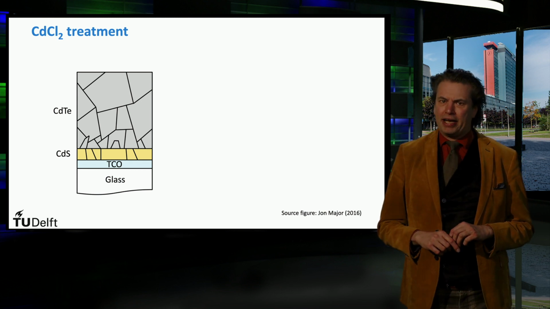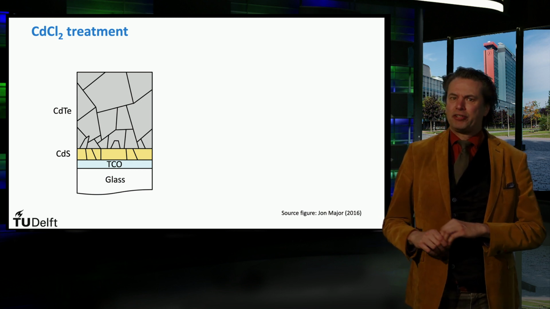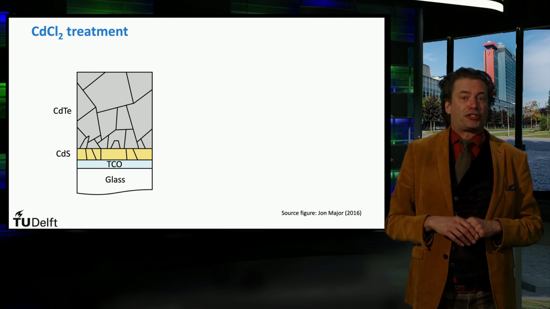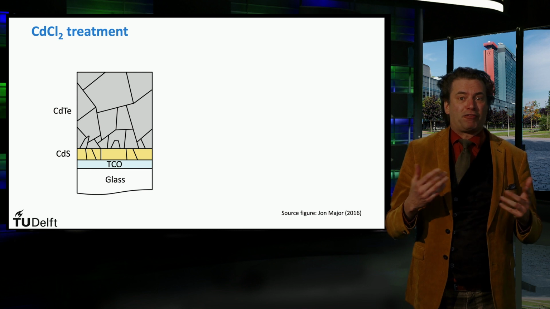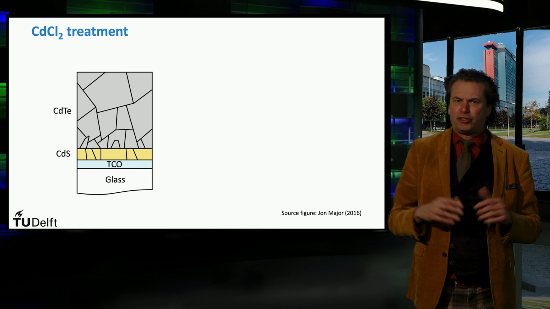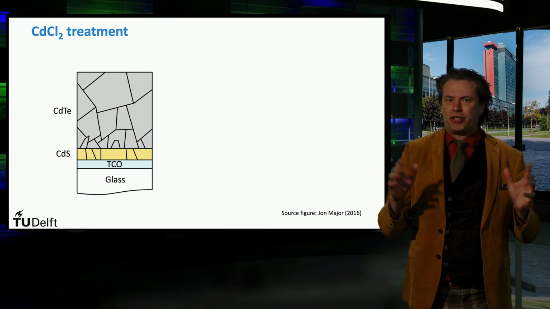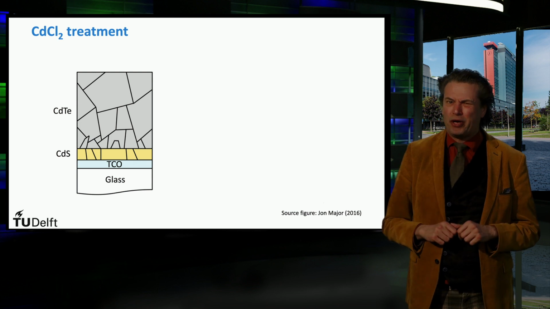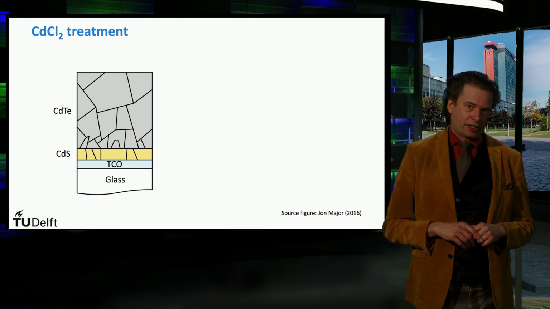A treatment by cadmium chloride was introduced in the late 70s, and with this process the conversion efficiency could be improved from several percent to above 10% in those days. It is sometimes called the magic treatment, since it's still not completely understood which mechanisms play a role in improving the electronic properties.